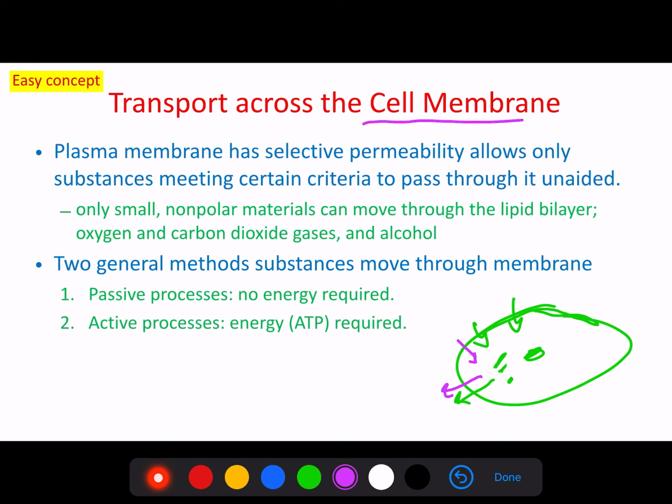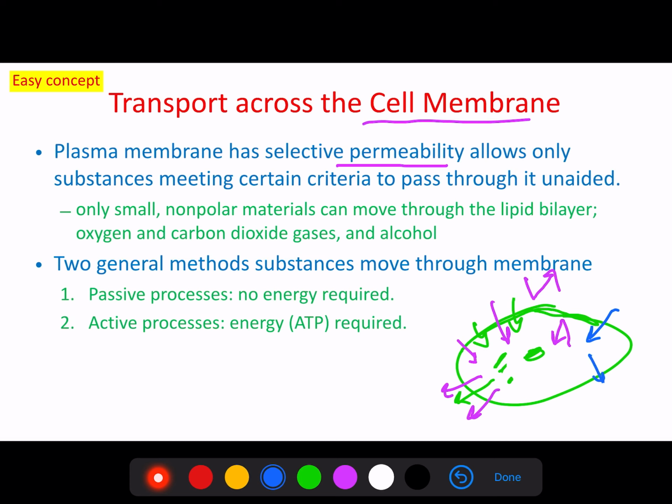Therefore, we can say that the plasma membrane is selectively permeable, which means it allows certain materials to come in and certain materials to come out. Not everything: some materials will be denied from leaving or entering the cell, whereas other materials can come in or go out of the cell.